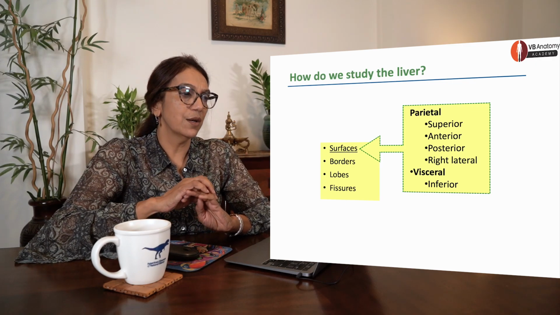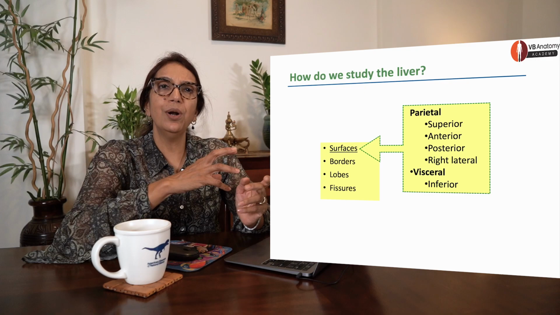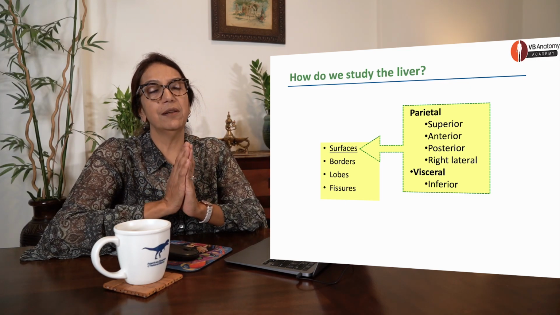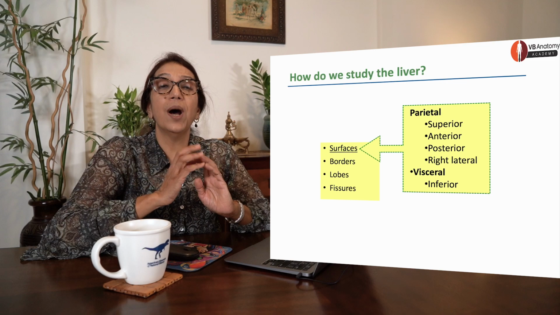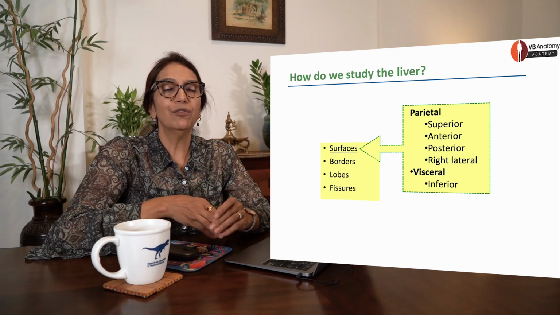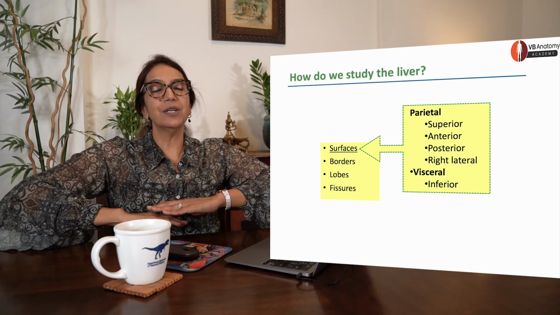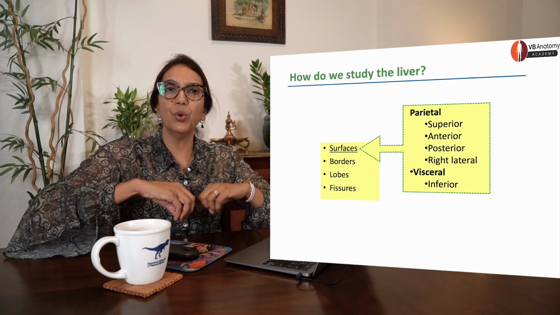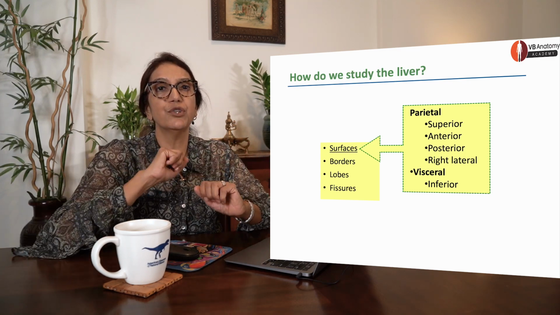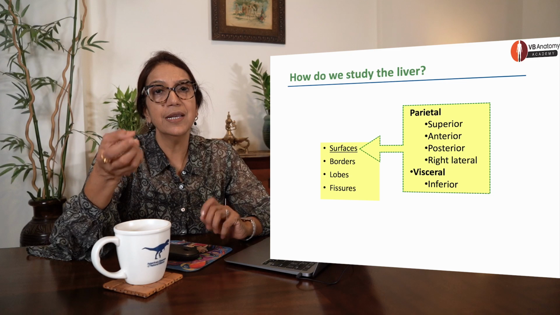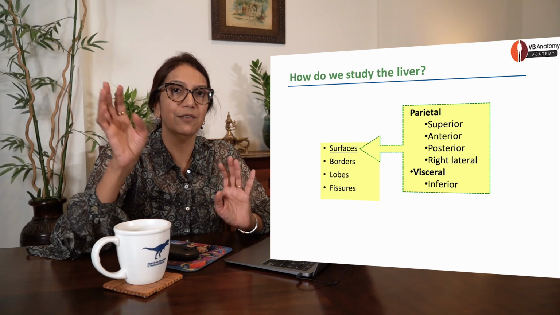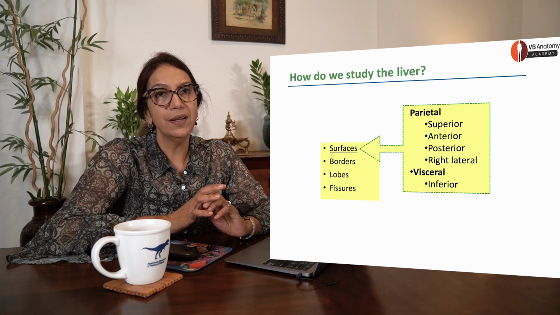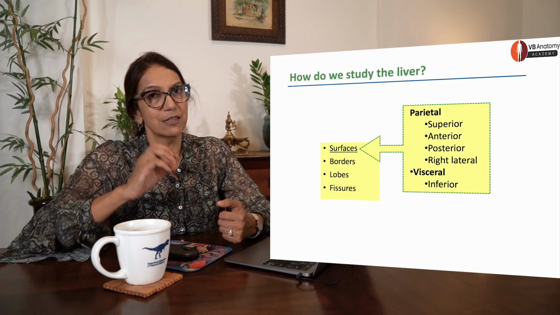Visceral is that part of the liver which is related to other viscera. For example, just imagine your liver is here, so it will be related to stomach, duodenum, colon. That surface which is related to all these organs is called the visceral surface, and everything else is related to the body wall and is called the parietal surface.